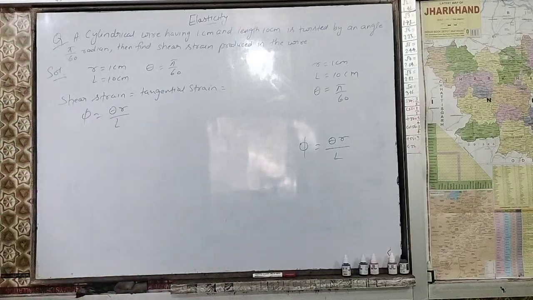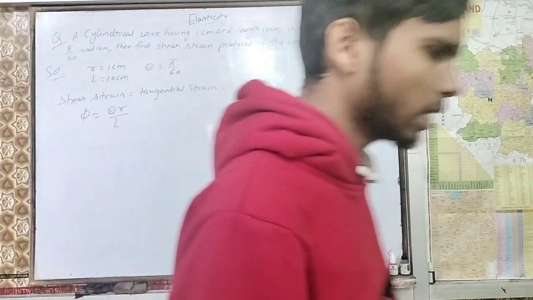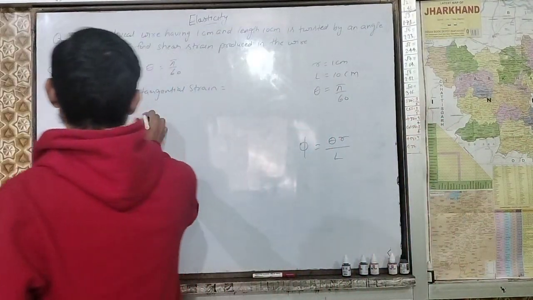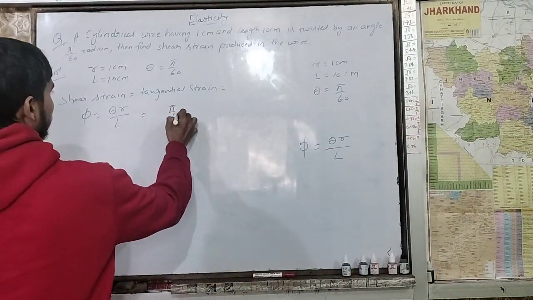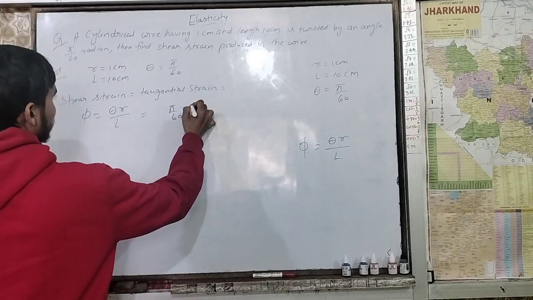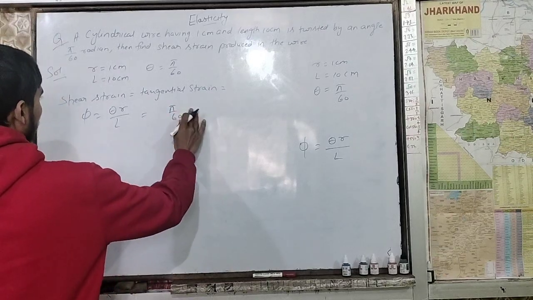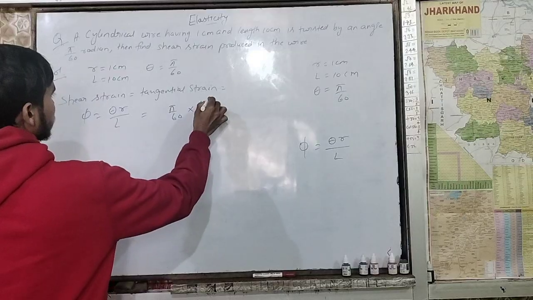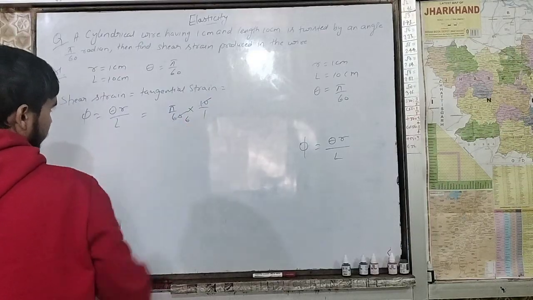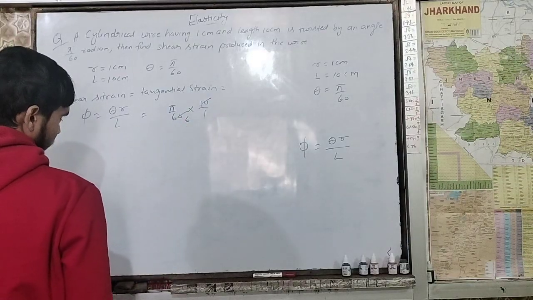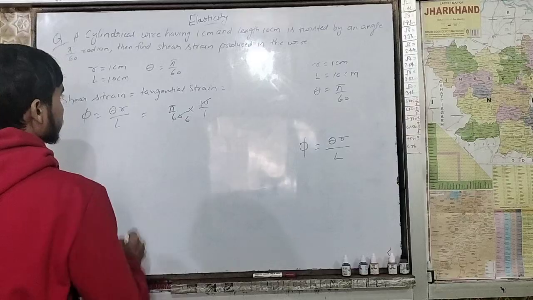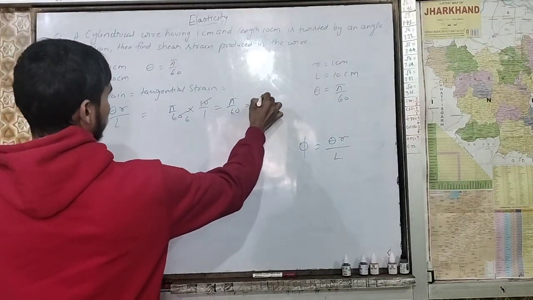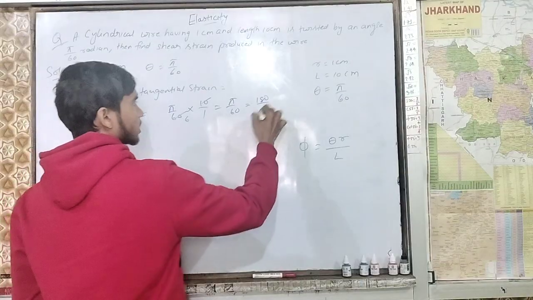All values of theta, r and L are given. Then just substitute pi upon 60 multiplied by r, which is 1 centimeter, upon L, which is 10 centimeter. Pi upon 60 upon 10, so the answer is 30.